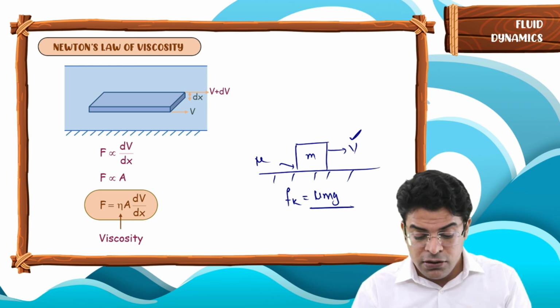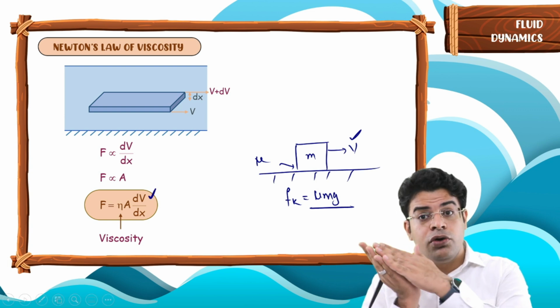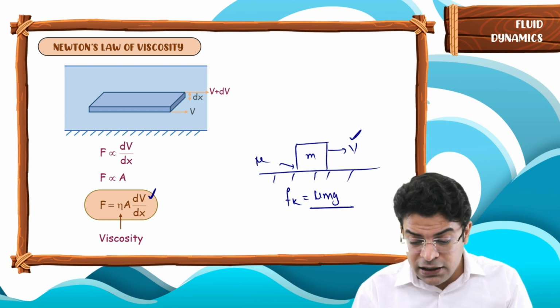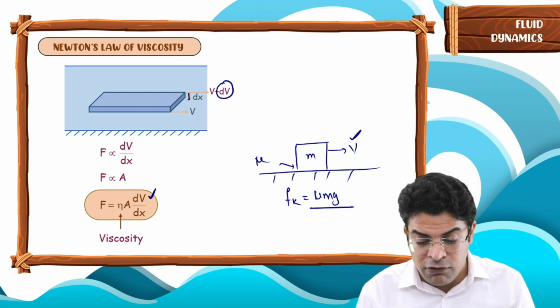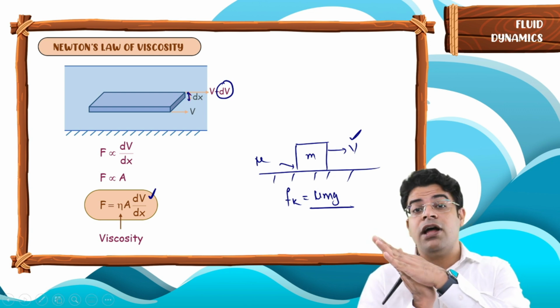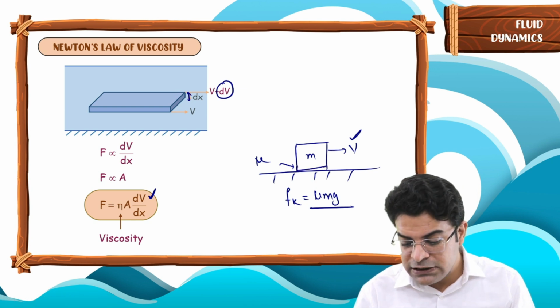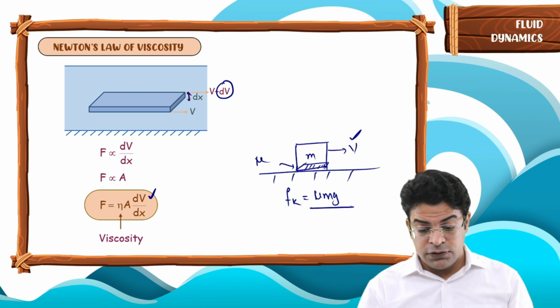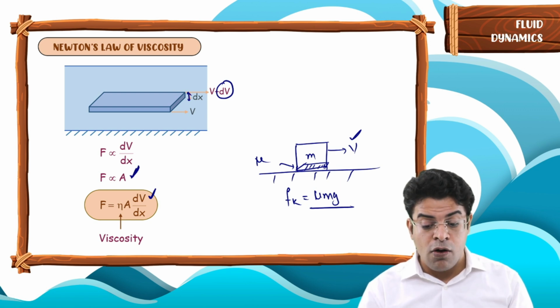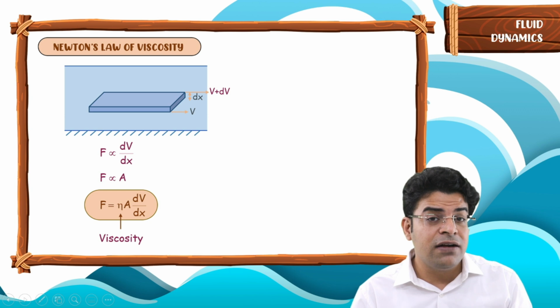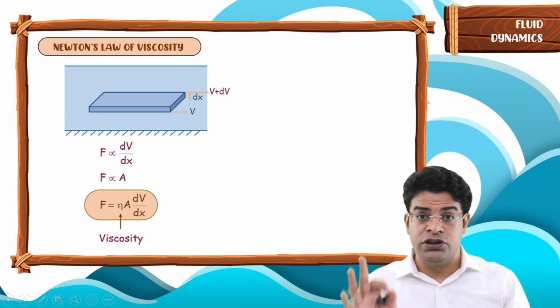But viscous force depends upon the magnitude of relative velocity. The greater the velocity change over a given length, the greater will be the amount of viscous force. The second difference: friction force is independent of the area of contact, but viscous force depends upon the area of contact. So definitely viscous forces are different from frictional forces.